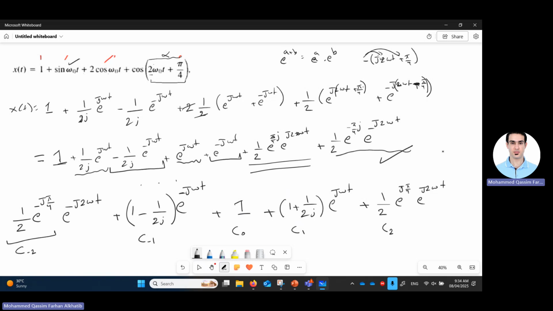If you go back to the Fourier series, c k e to the power j k 2 omega t, and k equals -infinity to infinity. So we'll start with the first expression. What is the value of k to make this expression like this? It's -2. So that's c of -2. Then this is c of -1, c of 0, c of 1, and c of 2. And that's it. And you can confirm here the solution.